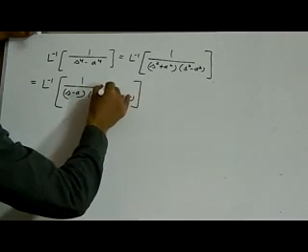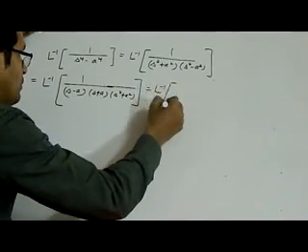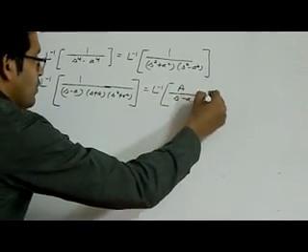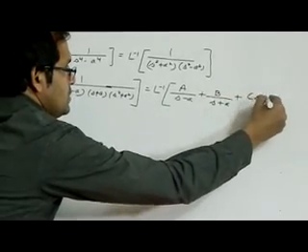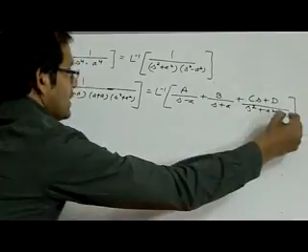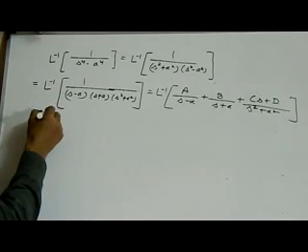So in terms of partial fraction, it will be A upon s minus a plus B upon s plus a plus C s plus D upon s square plus a square. And please note that in the inverse Laplace transformation, we can pull the constants outside the inverse transformation.